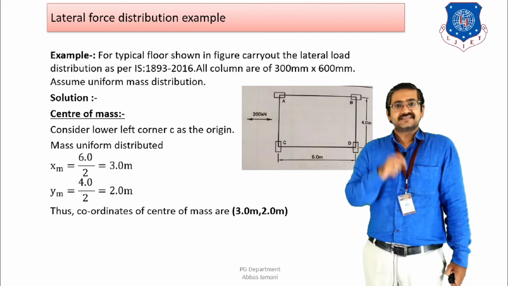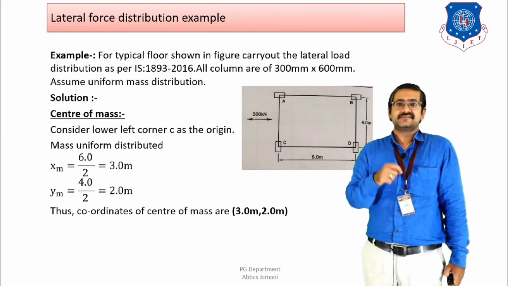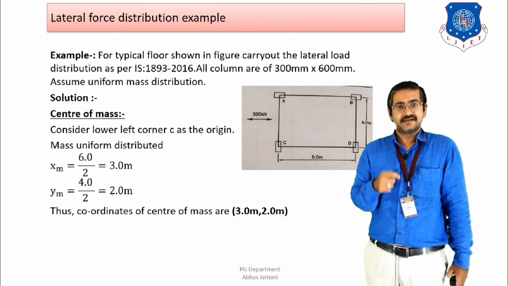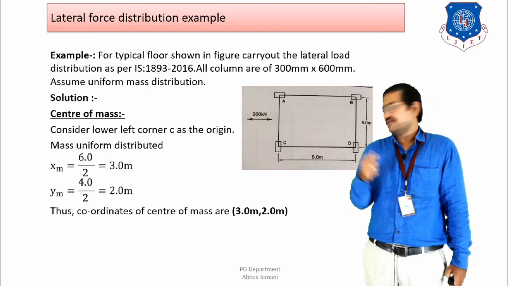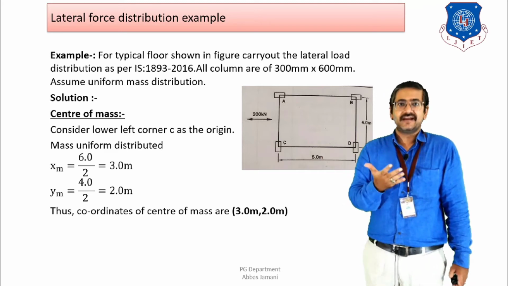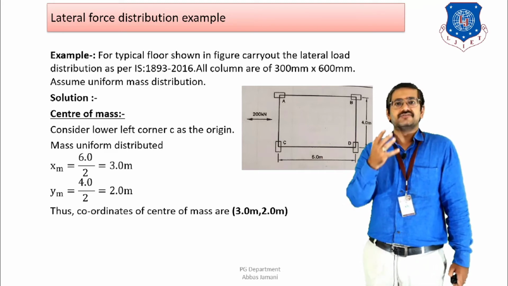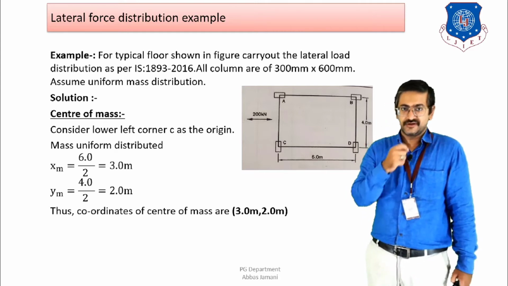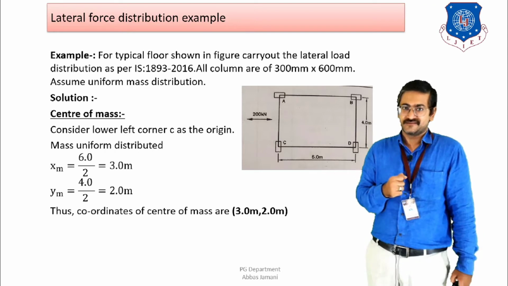Once the center of mass is calculated, the next step is the calculation of center of stiffness. Center of stiffness calculation will again be based on the orientation of the column, because this example is also going to give us an understanding of how the orientation of the column plays an important role in carrying the lateral load forces. That has to be kept in mind throughout this example.